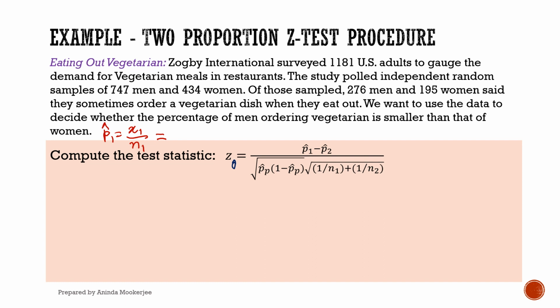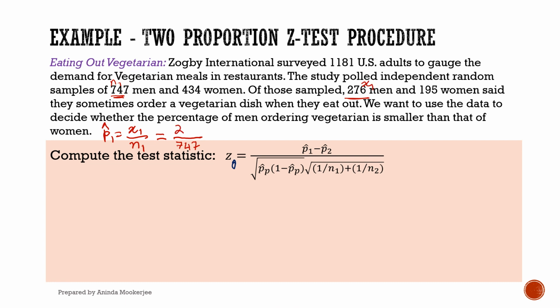That's how we formulated this problem. n sub 1 is the sample size of population 1, so n sub 1 is going to be 747. I'm going to write 747 for n1. And x sub 1: how many men said yes to the question? 276. So that's our x1.